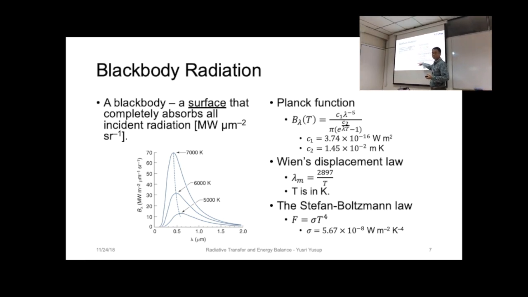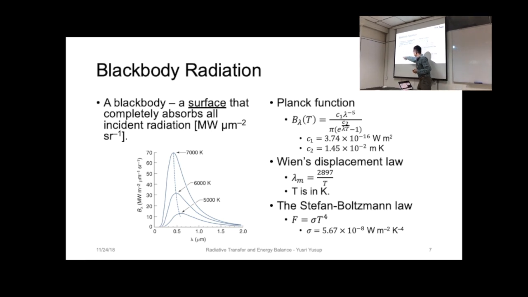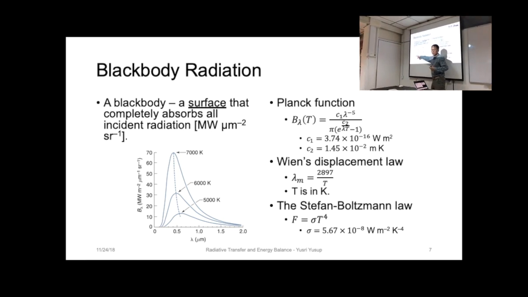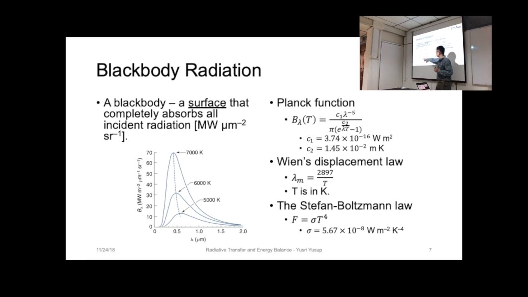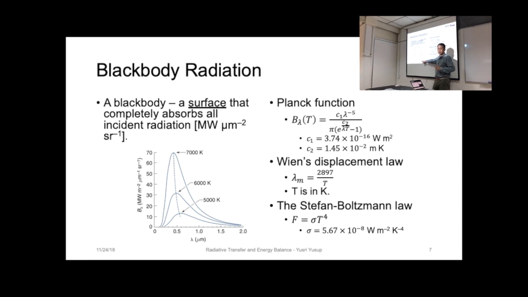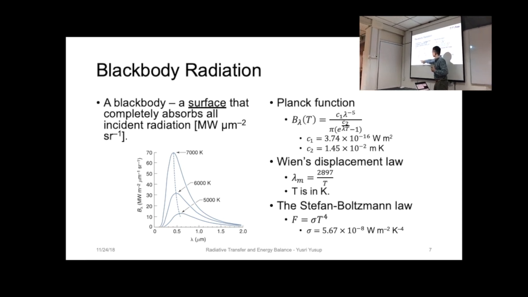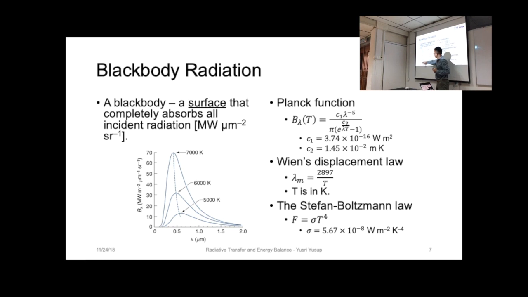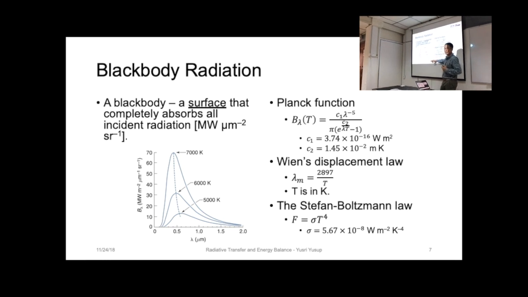This is B lambda, the black body value for a particular wavelength, and this is lambda in micrometers, the wavelength. This is the intensity of the black body, and this is just a different wavelength. Different wavelengths are for different colors.